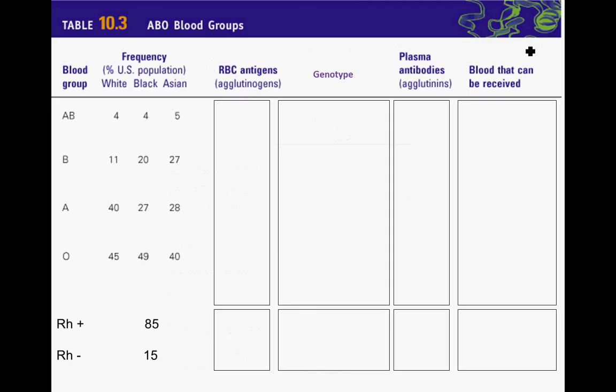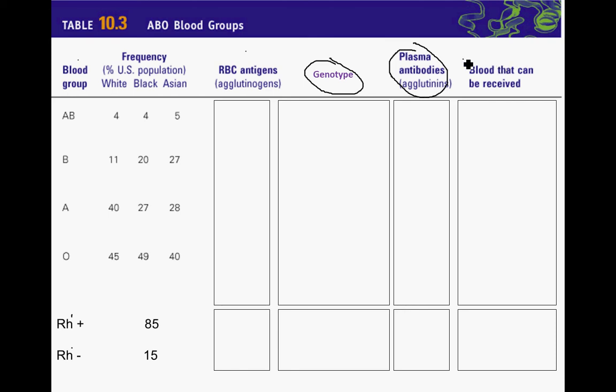Okay. So as a way to summarize and practice all of that, you can go ahead and fill in this table. So if you're blood group AB and then positive or negative here, what antigens would you have on your cell surface? What might your genotype be? What antibodies would you have in your plasma?